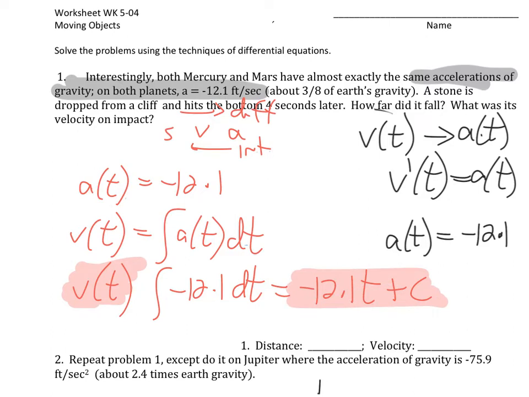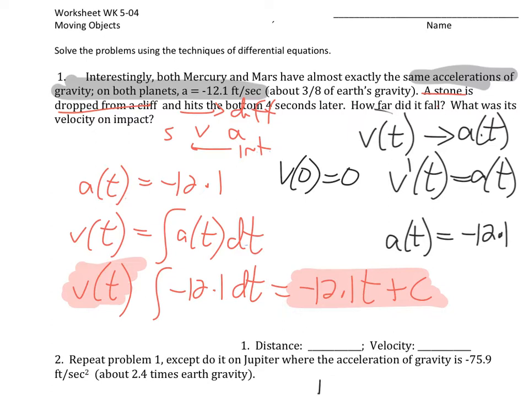Well, what else is told to us in this problem? It says a stone is dropped from a cliff. So at time 0, the velocity, V of 0, is 0 because the stone is not moving. It's starting off in your hand and then being dropped.